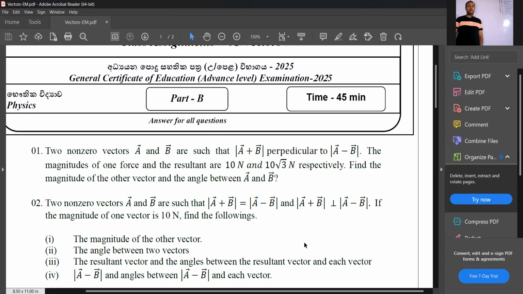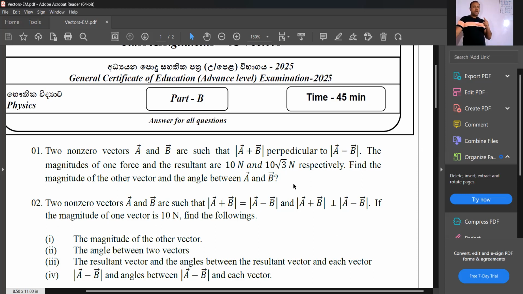If you convert this vector relationship into a geometrical relationship, what kind of parallelogram can you build? Is this a rectangle or a square or rhombus or any other parallelogram? A square or a rhombus? Yes, very good.